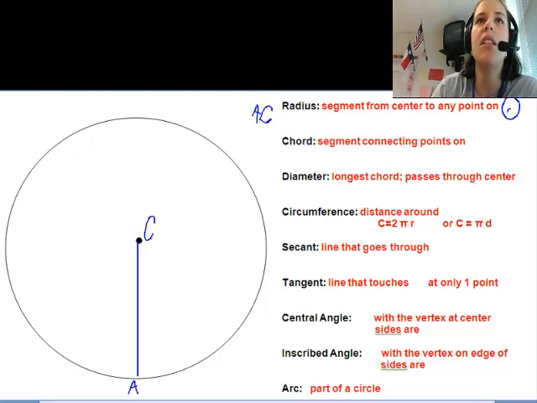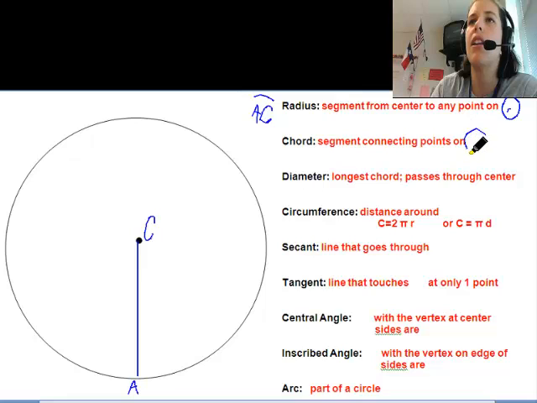Okay, the next one on our list might be new to you, and you may have seen it before, and that's a chord. And a chord is also a segment. It's going to connect points that are on the circle. So let's go ahead and add that in there. Points that are on my circle. And so I can connect any 2 points that I want. Okay?